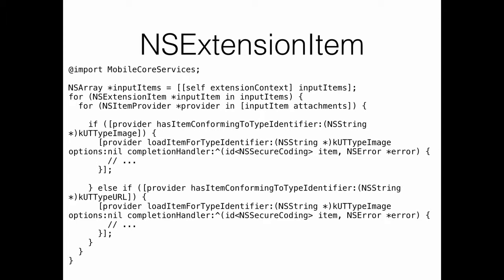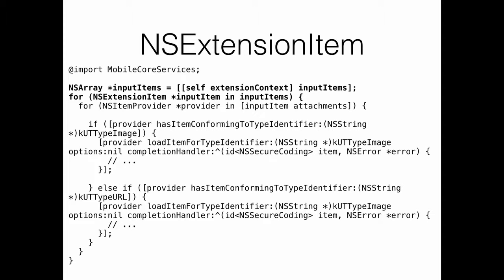So real quick, I want to look at the code. So you have your app extension, and your app extension gives you access to your data. At some point within your app extension, you want to be able to do something useful with that data. So the extension context can provide you your input items.